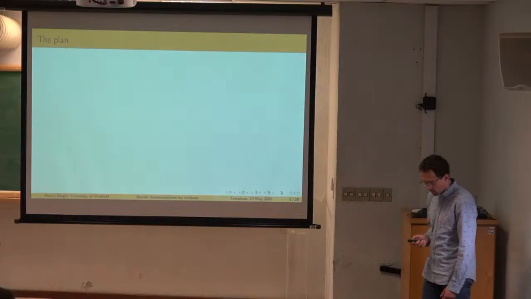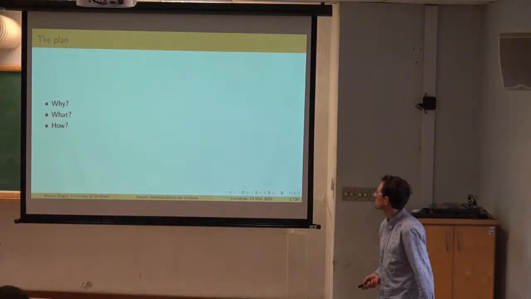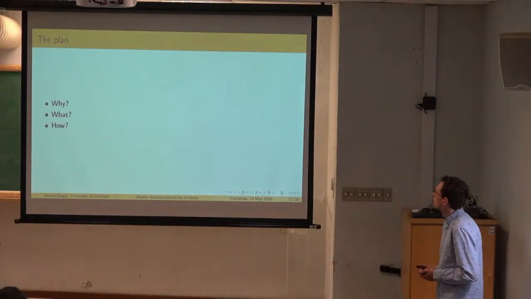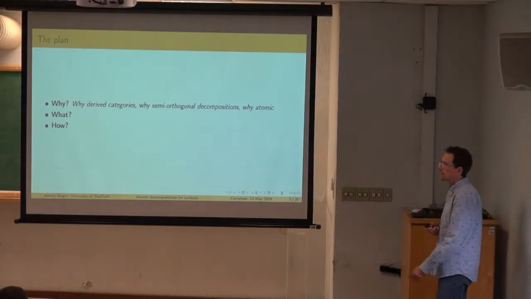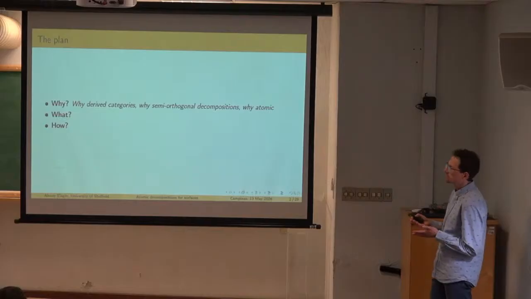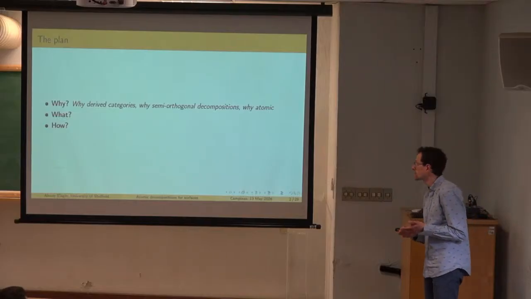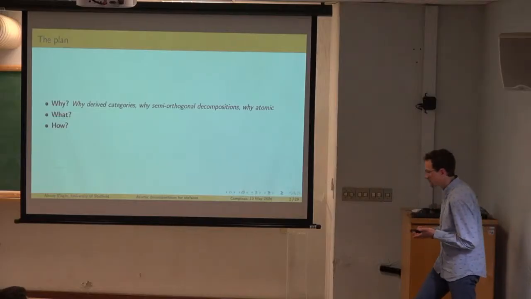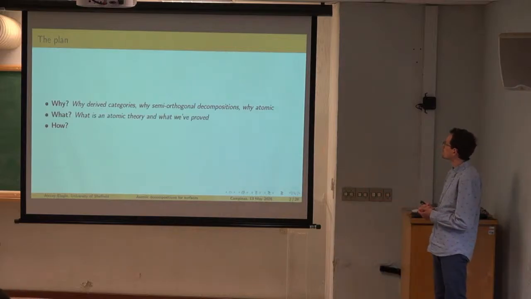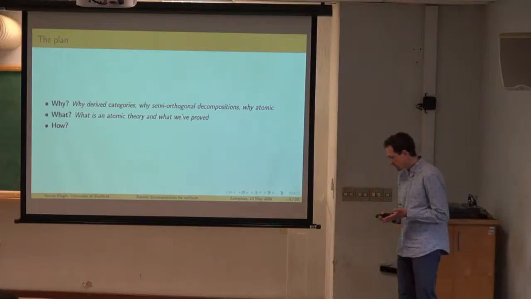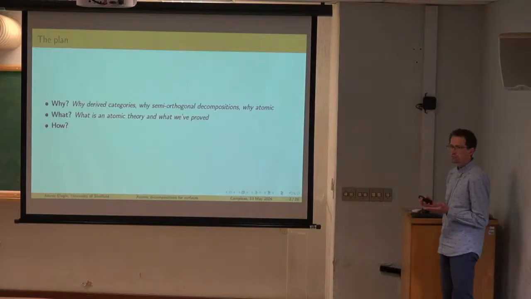So the plan for the talk is to answer three questions. Why, what, and how. Why we should care about derived categories, semi-orthogonal decompositions of the derived categories, and in particular atomic decompositions. What we call an atomic theory, and what we have proved.